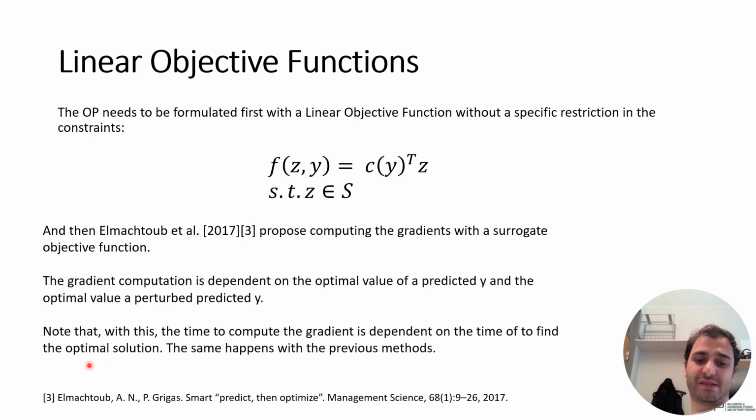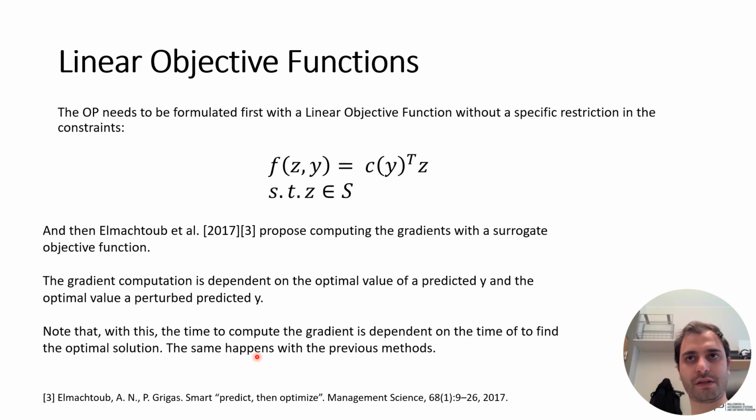With this, note that the time to compute the gradient depends on the time of finding the optimal solution, because to compute the gradient, you need to compute two times the optimal value of something, which means that you need to call the solver twice in each iteration of the gradient approach, the stochastic gradient approach, for example. So this is not so promising, right?